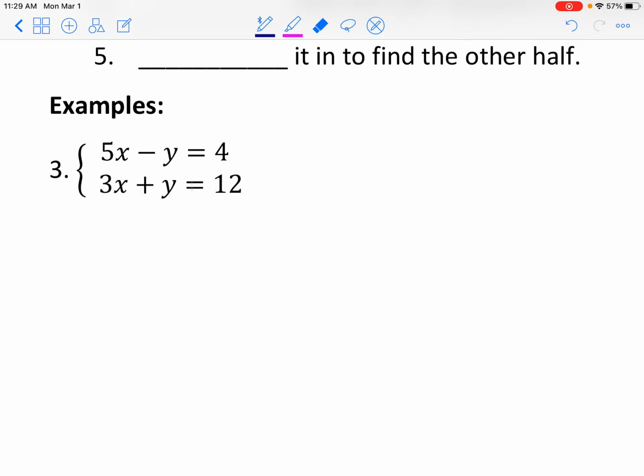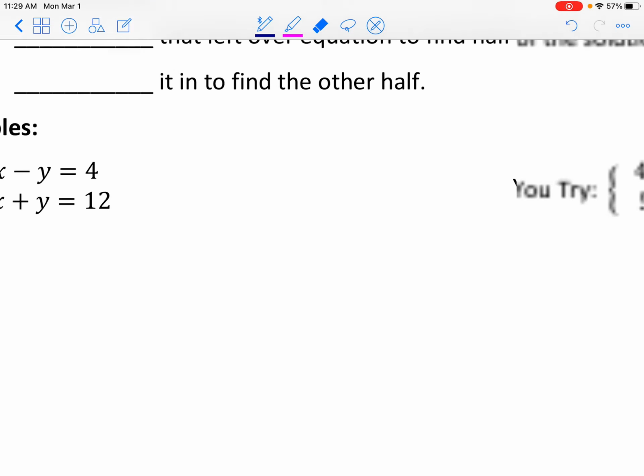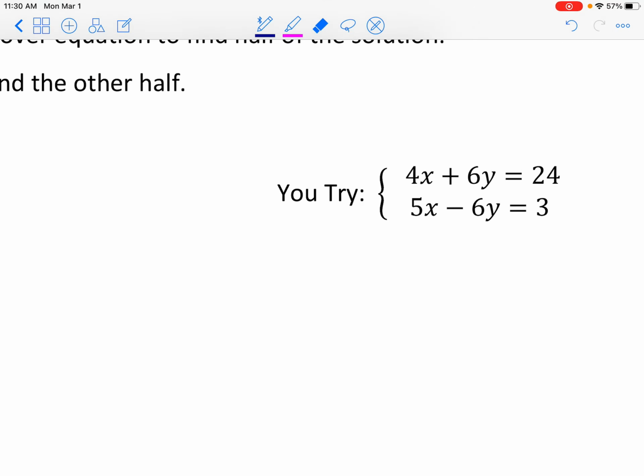If I add these equations together as is, these would already cancel. A positive y and a negative y go away, and we would be left with 8x equal to 16 on the other side. That's exactly what we want in this situation. We need, for whatever variable we're trying to get rid of, their coefficients to be opposites, okay? Like a positive 1 and a negative 1, or here, like a positive 6 and a negative 6.